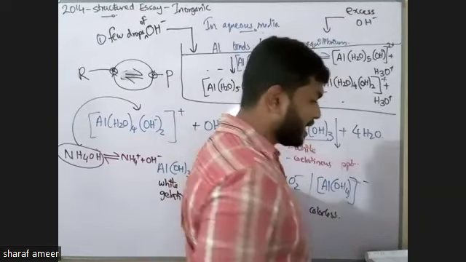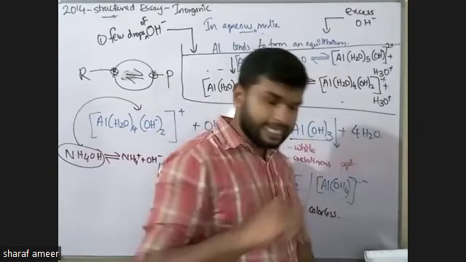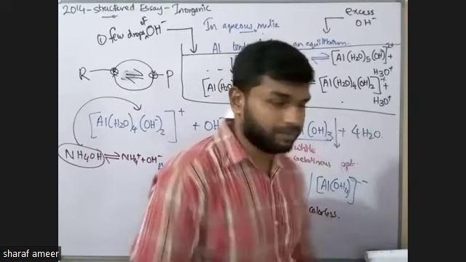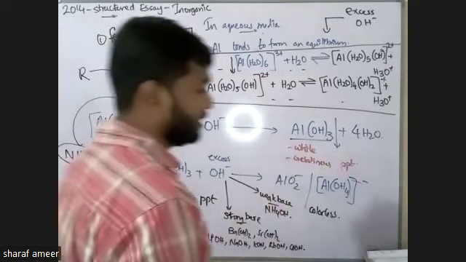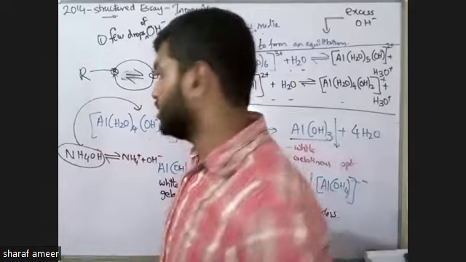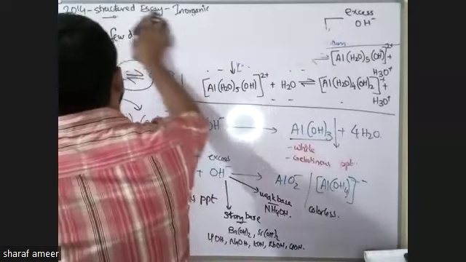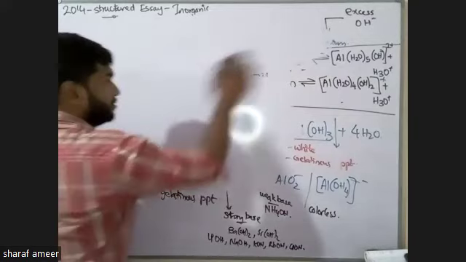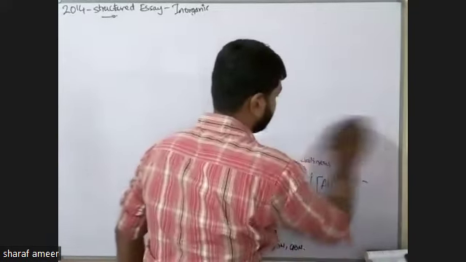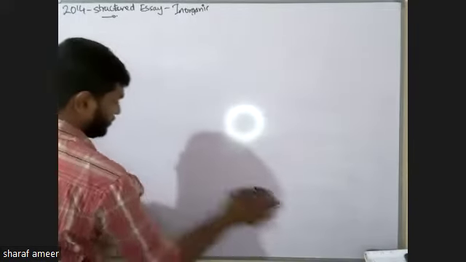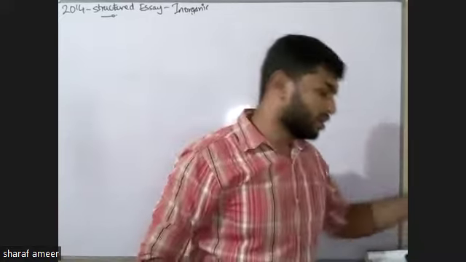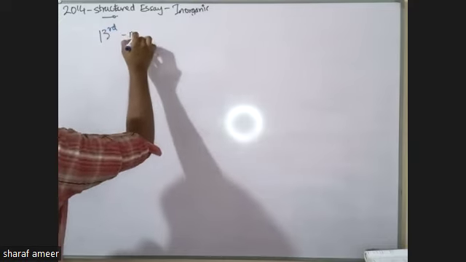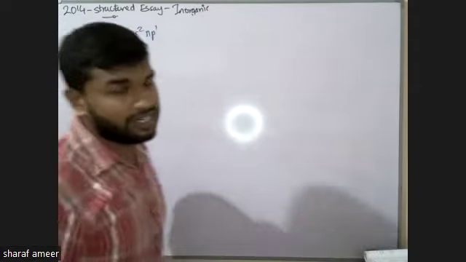Okay. Now, as I said, group 13 has ns2 np1 as its electronic configuration.